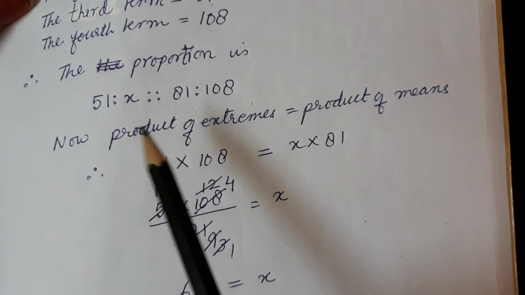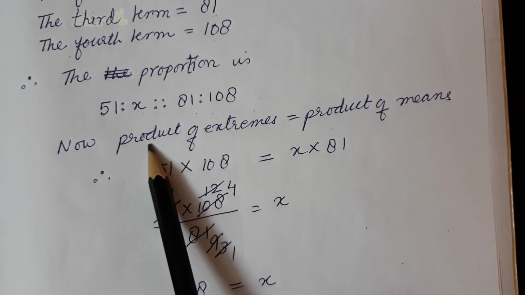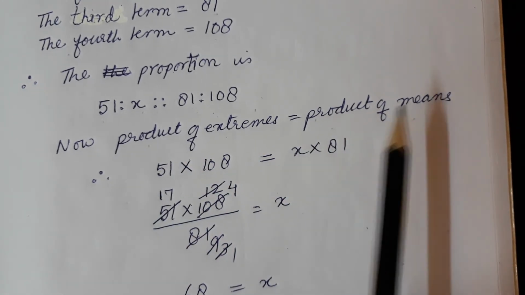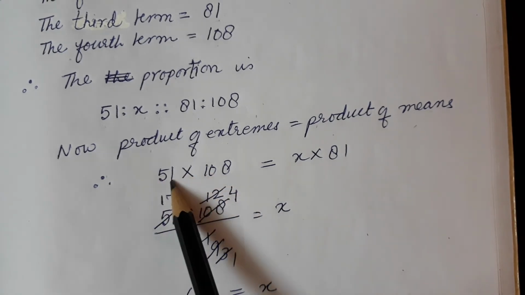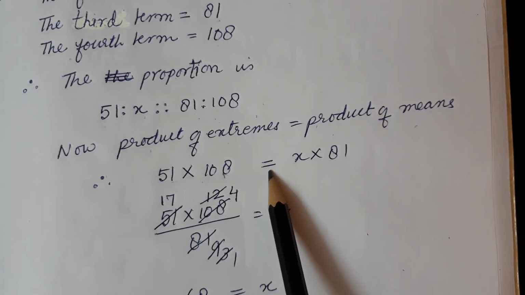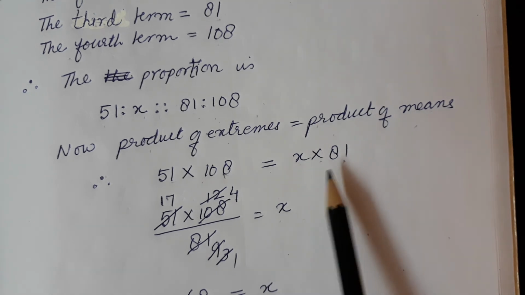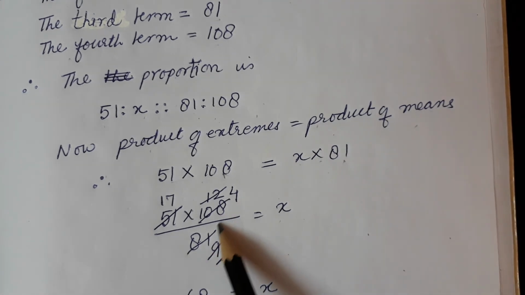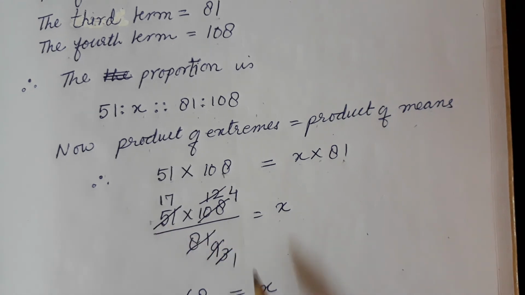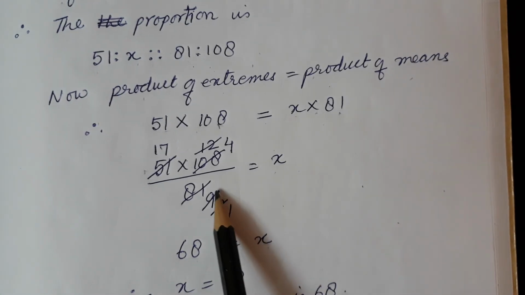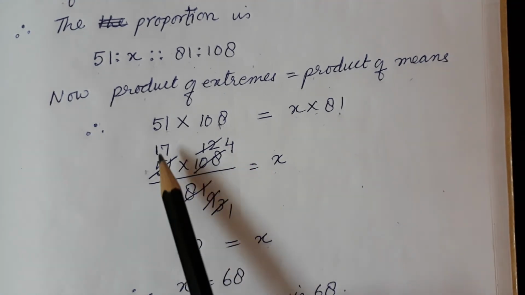Now we follow the same procedure. We find that the product of extremes is equal to the product of means. So 51 into 108 is equal to x into 81. x remains here, 81 comes this side. We reduce the given numbers and we find out the value of x. Children, please be very careful when you are reducing and multiplying.